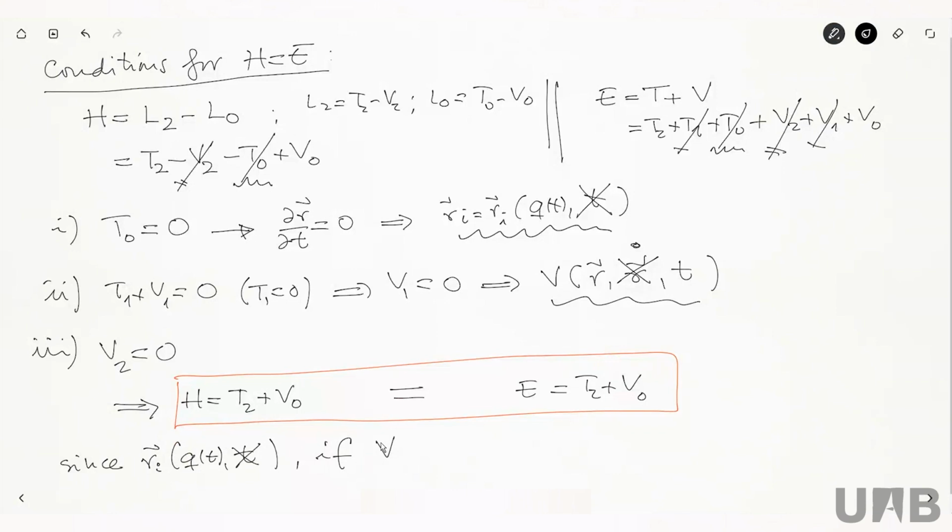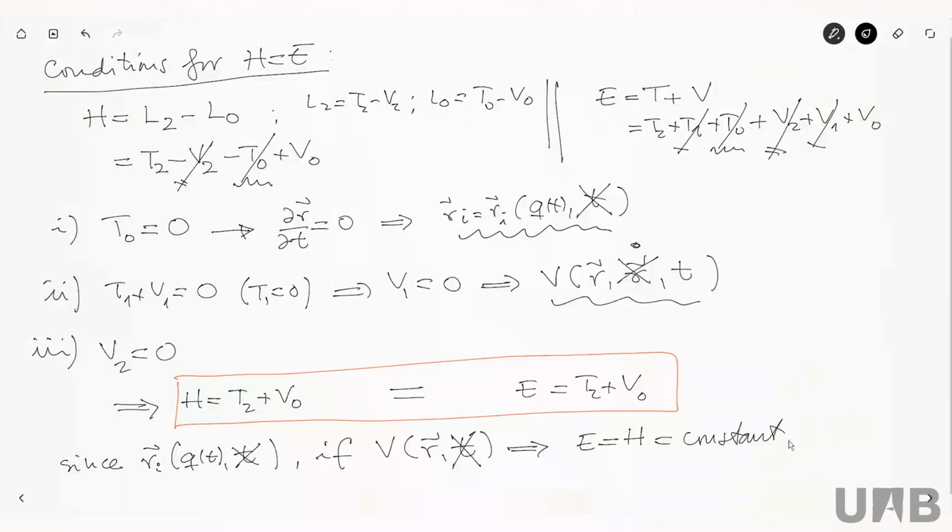If the potential, which cannot depend on velocities already, but in principle can depend on position and on time, does not depend on time, then what I find is that there is no time dependence anywhere. Because here there is no time dependence, since this term comes from derivatives of this thing. There is no time dependence anywhere, and therefore not only are the energy and the Hamiltonian the same, but they are also constant.